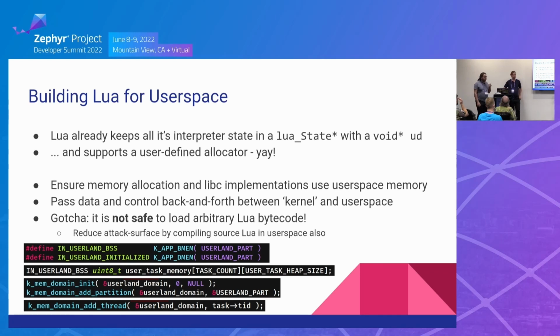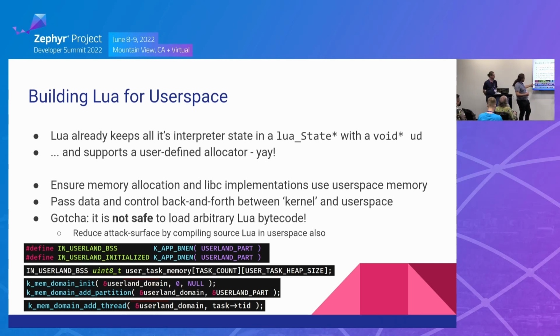In practice, what this looks like, if you're going to do it in Lua or something else, is you define a memory partition, which is the Zephyr construct for a block of memory that we're all going to put in the same linker section eventually, and that's going to get a certain set of permissions. Then you can annotate your declarations like this to say I want this user task memory to be in userland BSS memory.